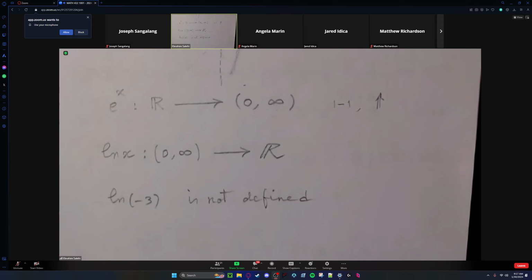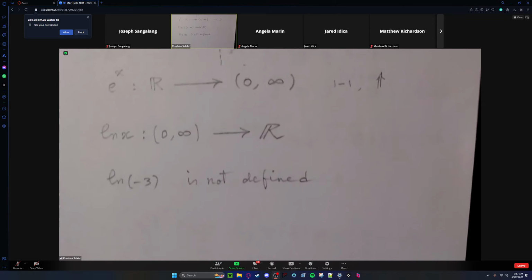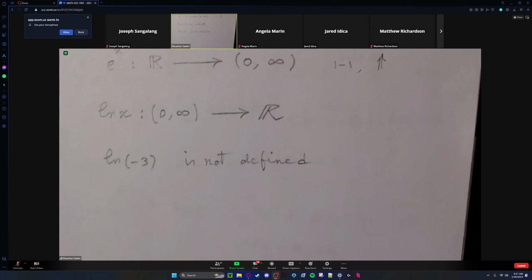After this little review, in calculus one is the inverse of the other, and being inverses of each other, we know that if we compose them, we will get back to the original.